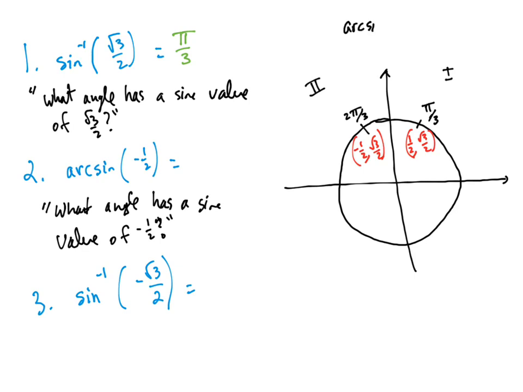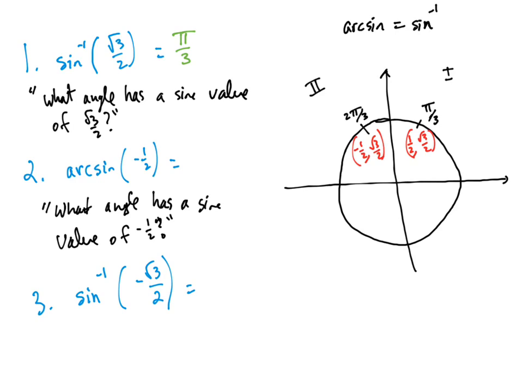Arcsine is the same thing as sine inverse. Where that's coming from is it's relating the arc length, the interior angle, and the length of the arc. So what angle has a sine value of negative 1/2?